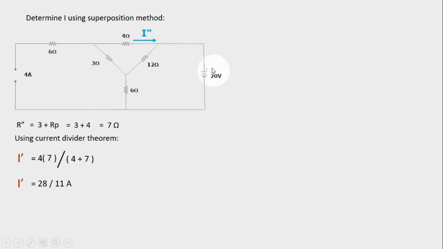So we return the 20 volts and we make the current source open. So we open it here. You'll notice that this one is not in parallel, but is in series, and the 6 ohms is hanging.